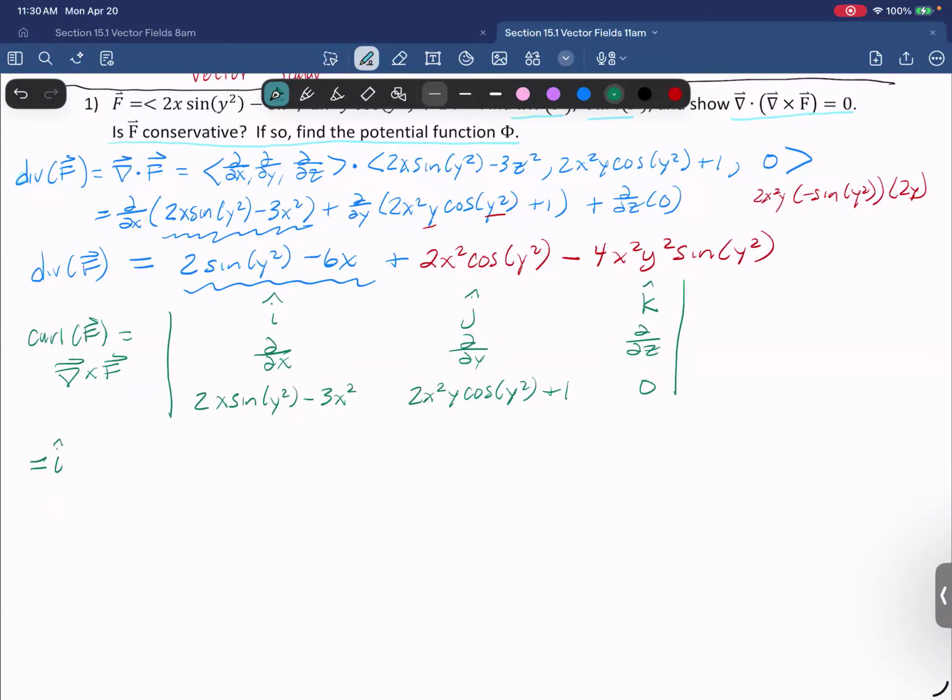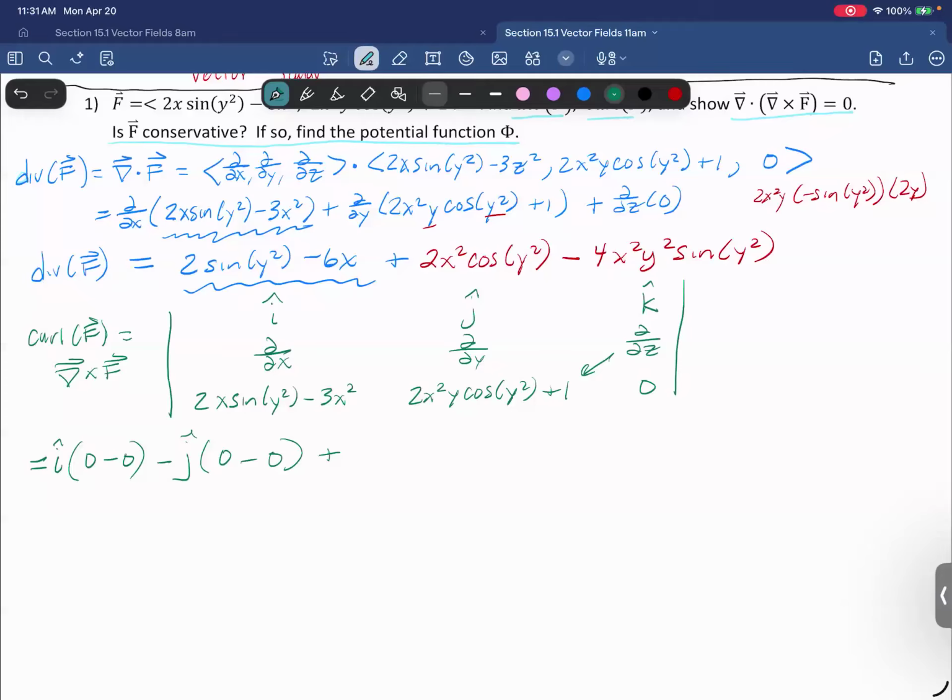So we got I times d dy is 0 minus the derivative with respect to z there. There's no z in it, so that's also 0. And then we do j. We're doing d dx of 0, which is 0, minus d dz of that. d dz of that is also 0, because there's no z in it.